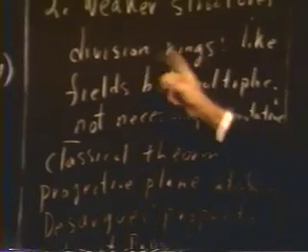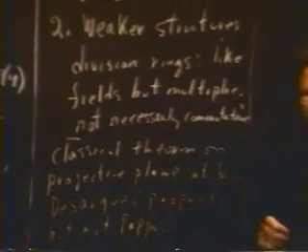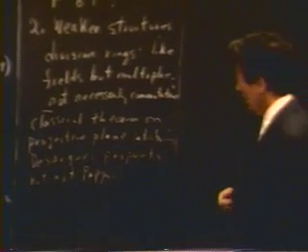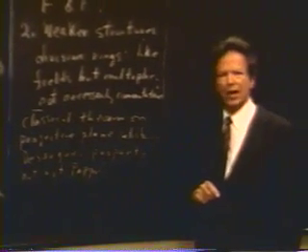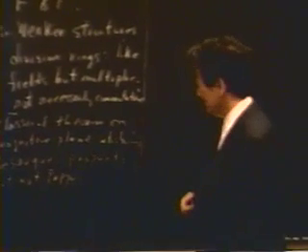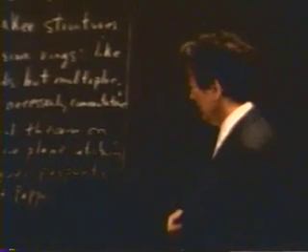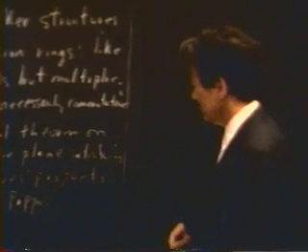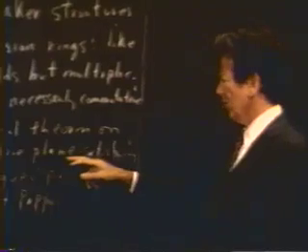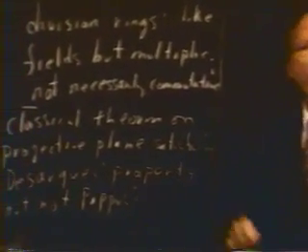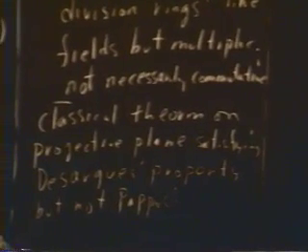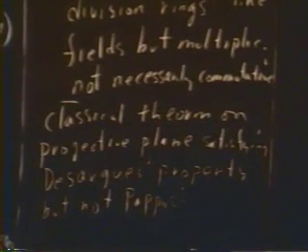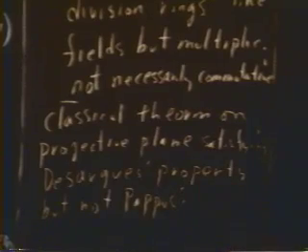The generalization over division rings is important especially because of a classical theorem about the projective plane that we will study in the second lecture. This classical theorem says that for projective planes satisfying Desargues's property but not Pappus's, we can get a representation in terms of a two-dimensional vector space over a division ring.